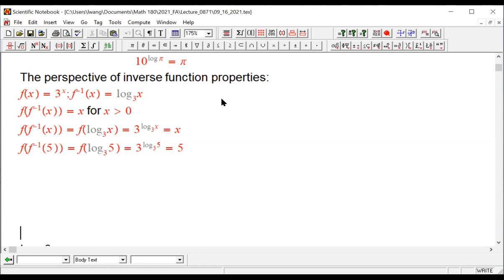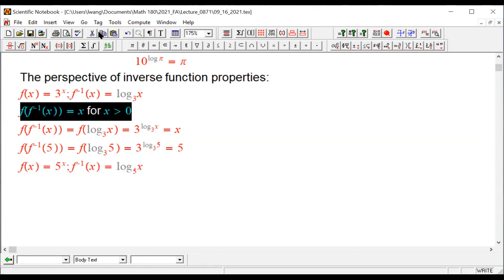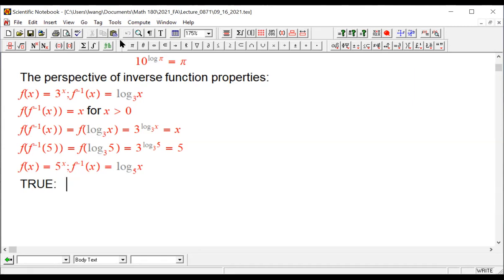So now let's look at base 5. If this is base 5, what would that be? We know that this is true. True means that no matter what positive number you put in there, it has to be positive under the circumstances.